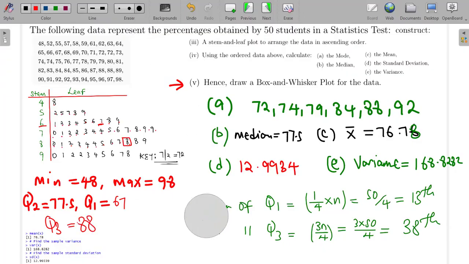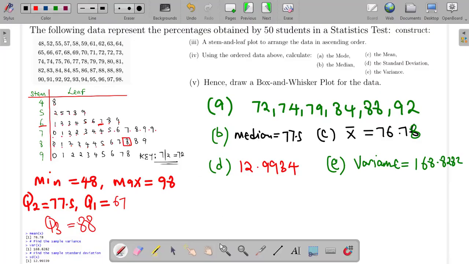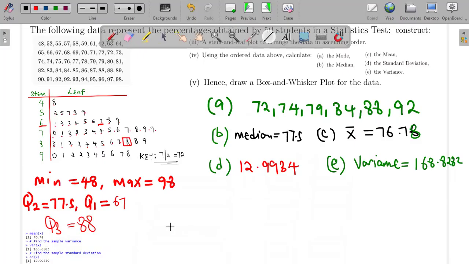Now the box and whisker plot is just a 5-number summary. It contains the minimum, the maximum, the Q1, the Q2, and the Q3. That's what is found in the box and whisker plot. So meaning that we can now plot that. I'm just going to draw a line, more like a number line, and on this number line we are going to plot these numbers.